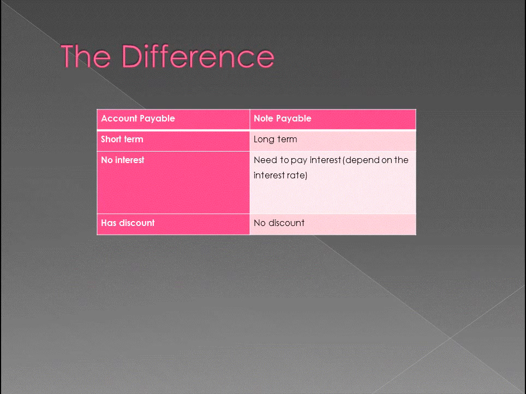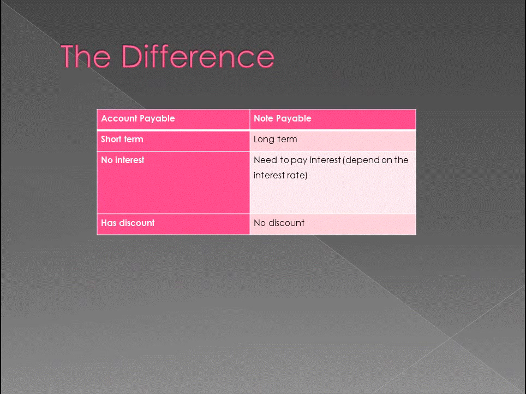Notes payable usually relate to receiving loans from a bank that will most likely be paid in more than a year, so they will be long-term liabilities and need to pay interest, and the interest depends on the interest rate. But accounts payable need to be paid in certain days, usually in 30 days, depending on what companies require, so they should be short-term liabilities.